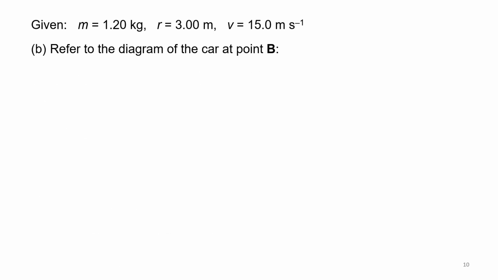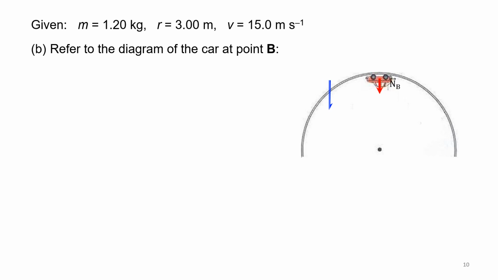Okay, next is question B, the reaction force at point B. Now we refer to the diagram of the car at the top of the track. First we sketch the free body diagram. The forces acting on the car are, the first one is the reaction force, which is always directed perpendicular to the surface and we label as N_B.